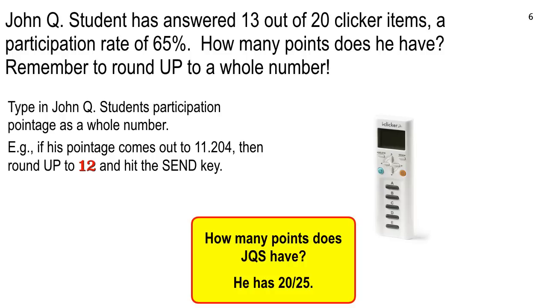If that number's above 85%, ding, 25 points. You're done. If it's below 85%, do this. All right? So you can always figure out kind of where your grade is at. Okay? And your homework, just whatever your homework percentage is, multiply that by 25 and round up.